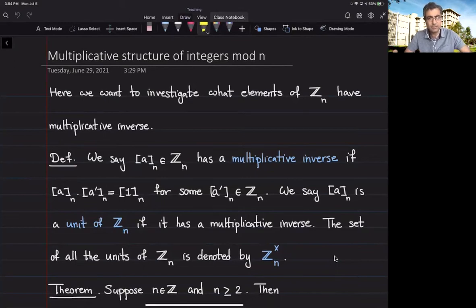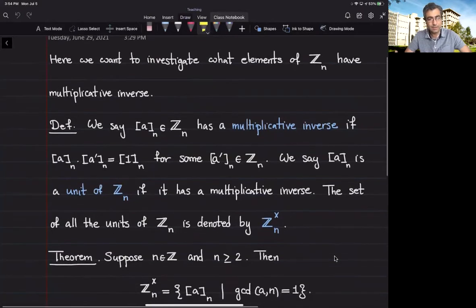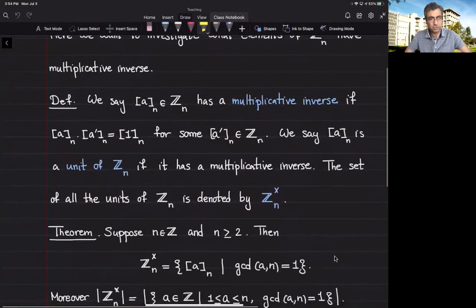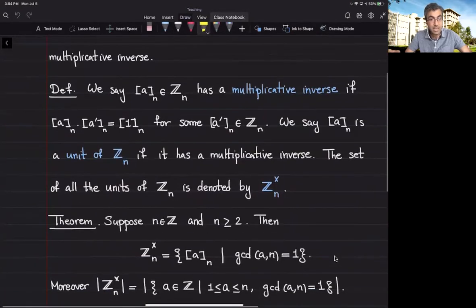So let's start with the definition of multiplicative inverse. Let's start with a residue class A mod n. We say this residue class has a multiplicative inverse if this residue class times another one ends up being the neutral element of Z sub n with respect to multiplication.